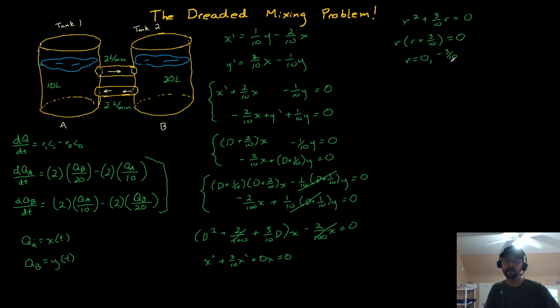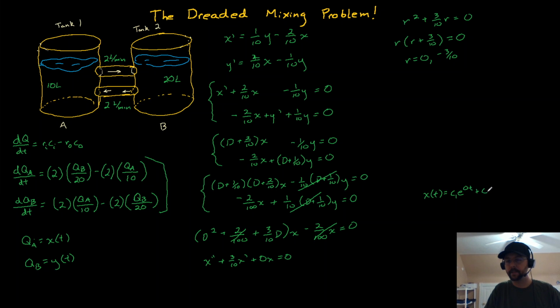And these are going to go into, let's actually write this down here. So what we just found is x of t. This is our first solution. X of t equals c1 e to the 0 t. So this is where the r's go.